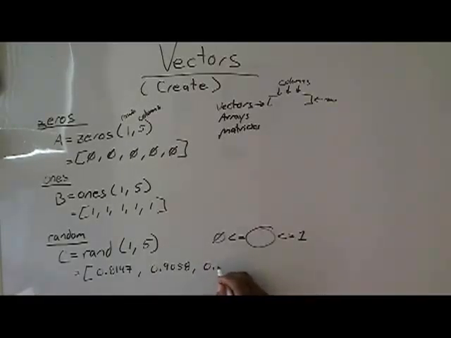Now, this always brings up the question, well, wait a minute. They're supposed to be random numbers, but Cedric, you typed them into your computer and you got these numbers, and I typed them into my computer and got the same numbers. How is that random? It's random relative to your particular installation of MATLAB.